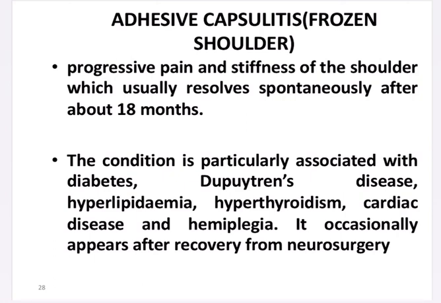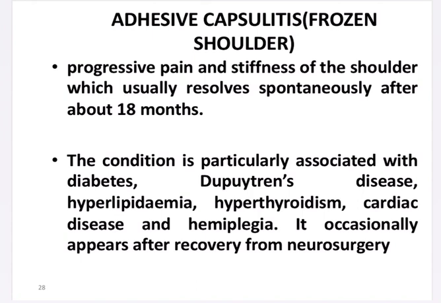The last subject in our lecture is adhesive capsulitis or frozen shoulder. Actually, this subject is not part of the acute rotator cuff disorders. This is an isolated subject, adhesive capsulitis or frozen shoulder.